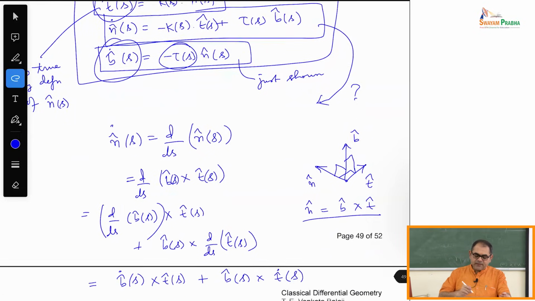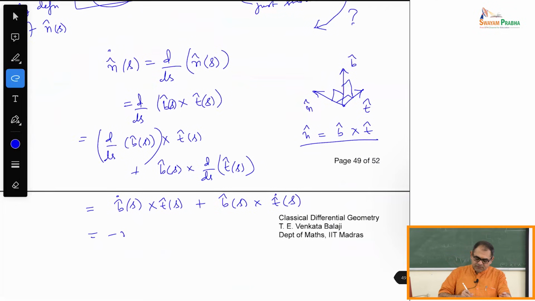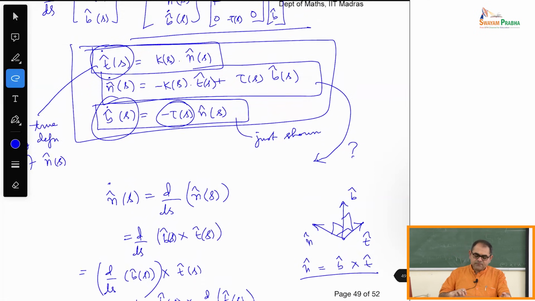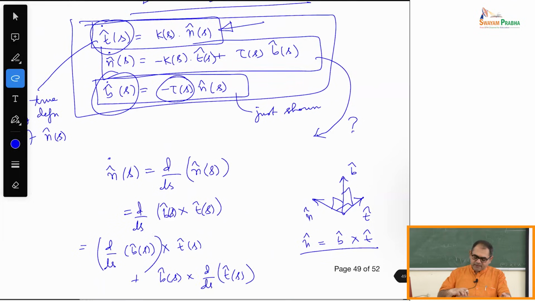So you see, this b cap dot is minus tau n cap. So this is minus tau of s n cap of s cross t cap of s plus, here I will get b cap of s cross t cap dot. T cap dot is from the first equation, it is k s n cap.